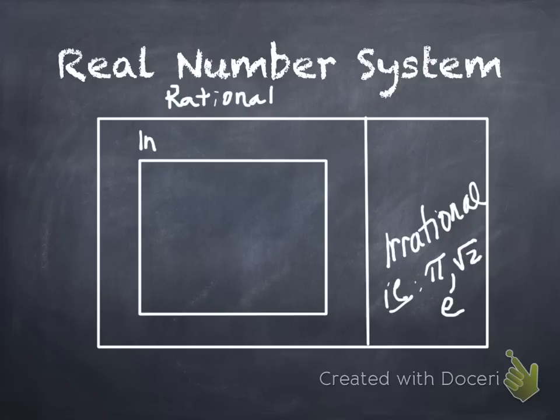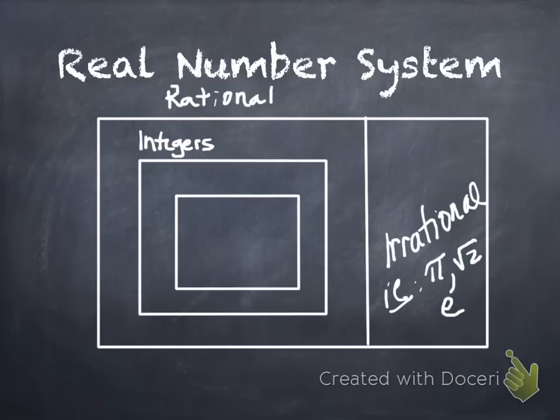And inside of integers, another way of describing numbers is what we call whole numbers. And the last one that we're going to go inside here is natural or counting numbers. So that's our final small box inside, and that's actually the box we're going to start in as we're describing.